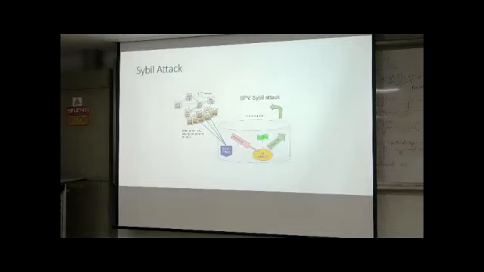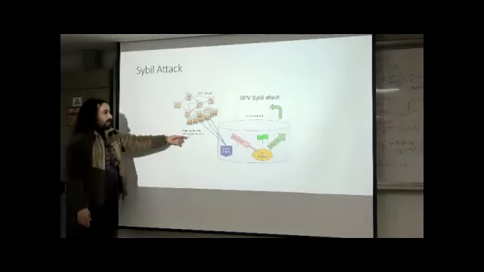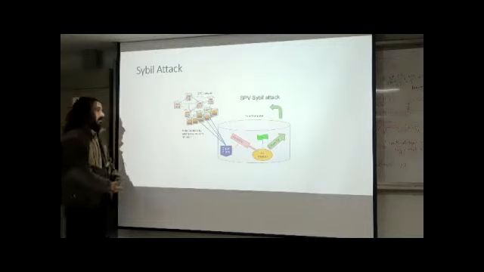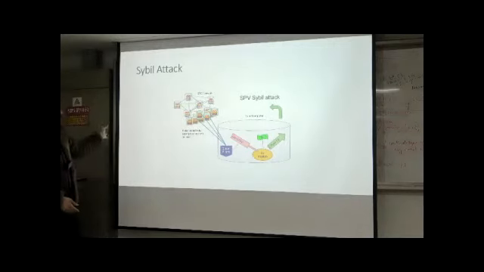How is it happening here? It's the same situation as the Eclipse attack, by saying there is no balance, or that it's not the trusted address or not the right address.